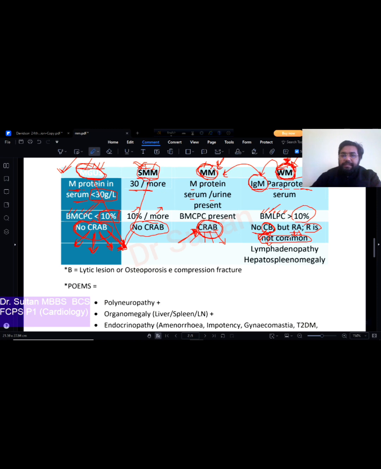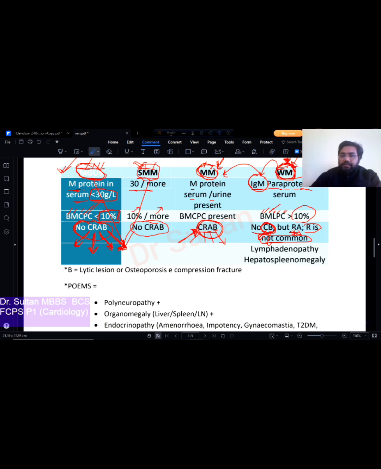It is less than in multiple myeloma. Renal involvement can occur, but it is not common. You have to remember, there will be absolutely no hypercalcemia and no bone lesion.